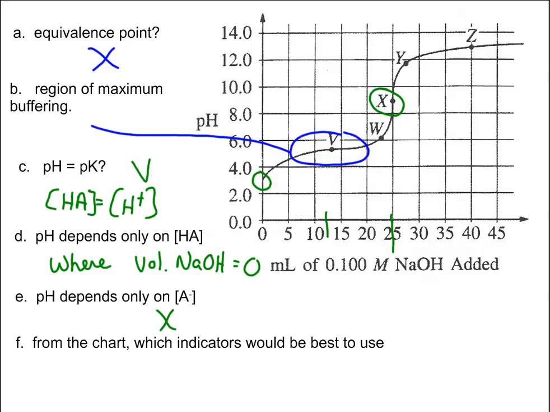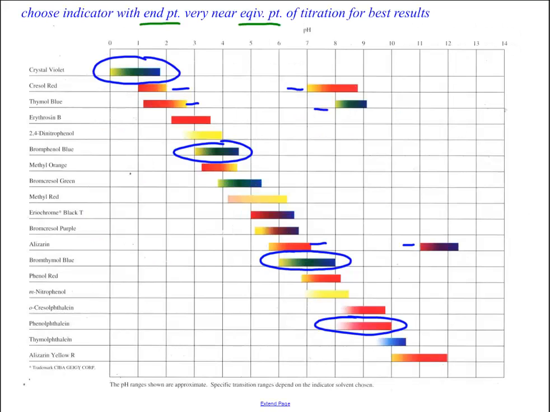If I look at the chart from the previous slide, which of the indicators would be best to use? The equivalence point pH is about 9, so let's go back to our previous chart. We need something that changes around pH 9. Orthocresolsulfonphthalein and phenolphthalein are really the only ones that bracket 9.